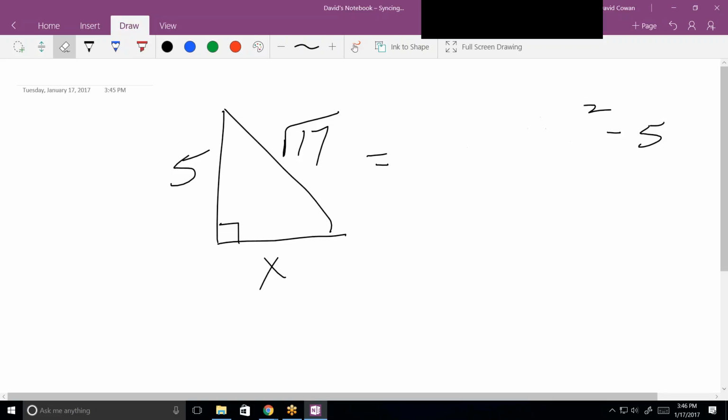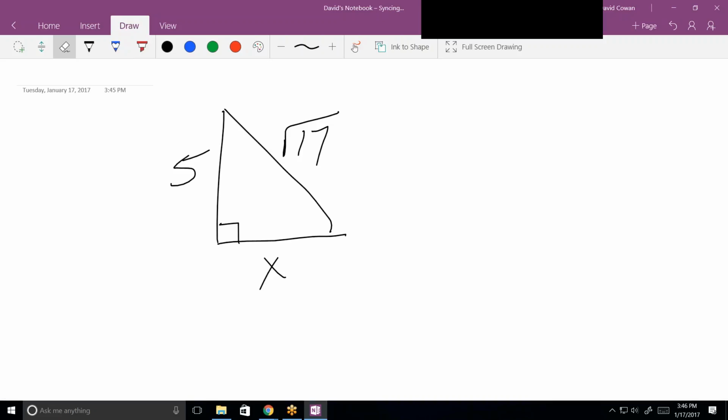In other words, I have drawn this triangle with the hypotenuse not as big as this short side. The hypotenuse is 4 and change, and this side's 5. Well, you cannot have a right triangle if the hypotenuse is not the biggest side. You find that out when you go to solve it and you get the square root of a negative number.